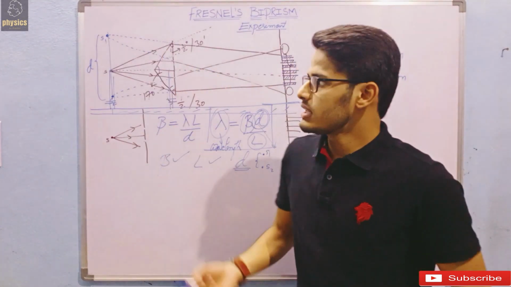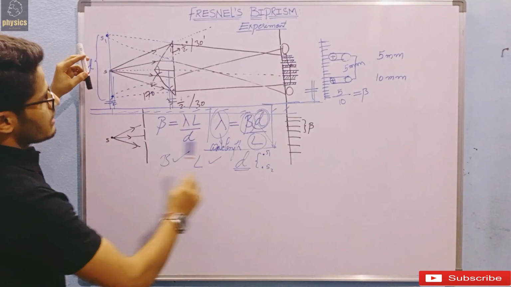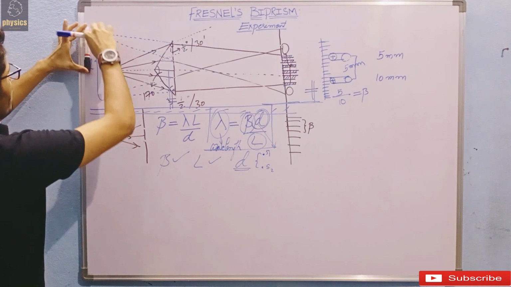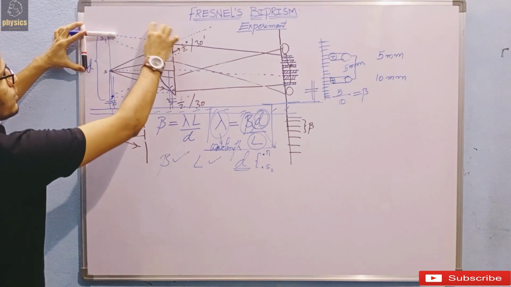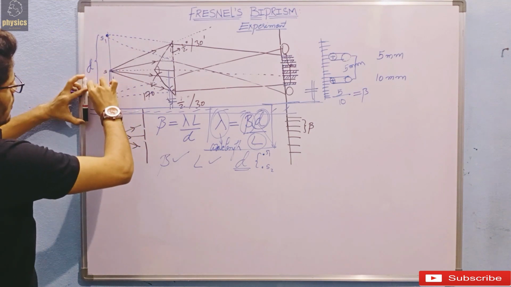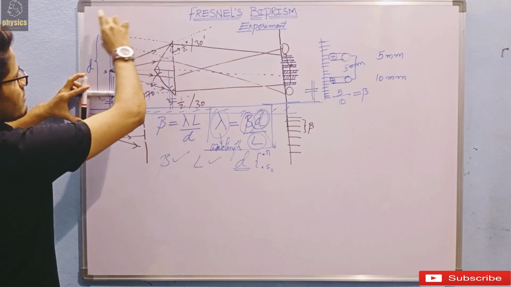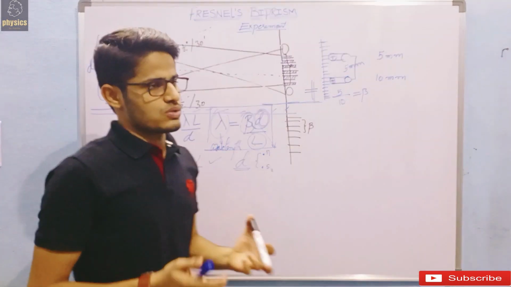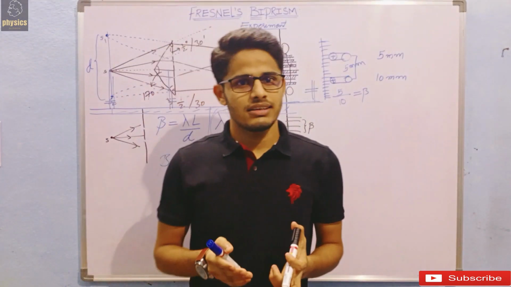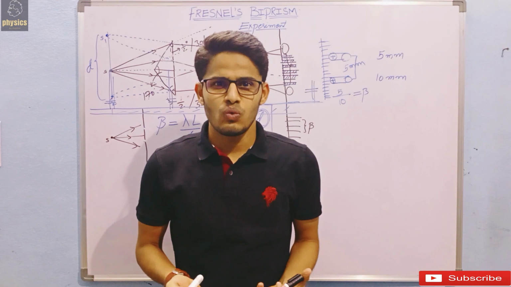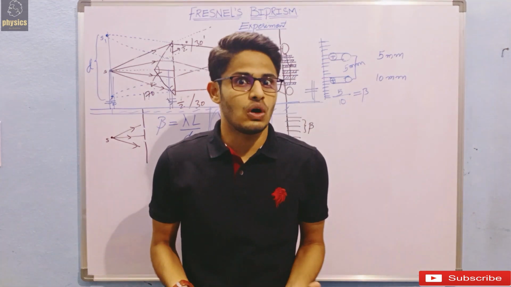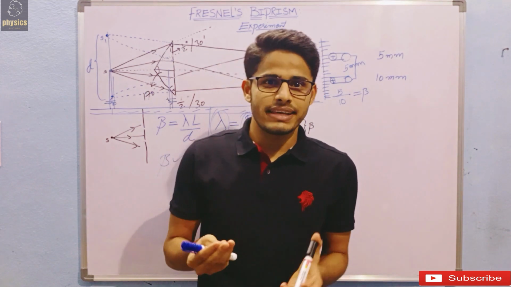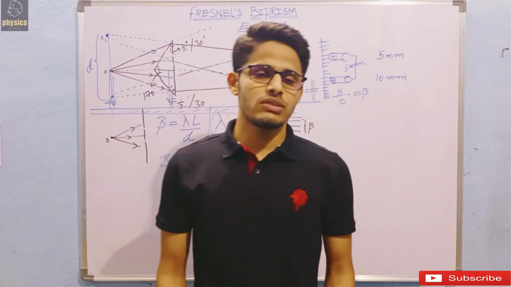If they were real, we could simply put a movable microscope here, take the first reading on S1, move it to S2, take the reading, and subtract the first value from the second to get the distance D between S1 and S2. But the problem is they are not real. You won't get the image of those sources in the microscope. If something is not existing there, how will you find the distance between them?